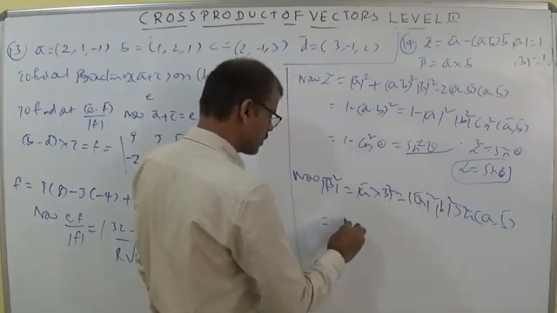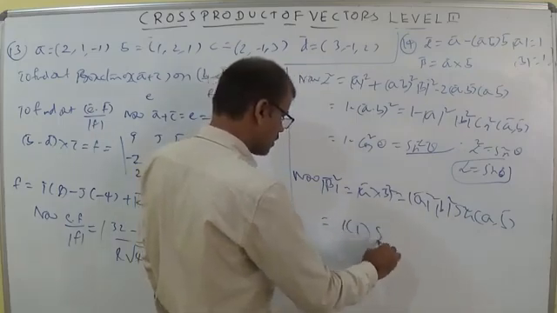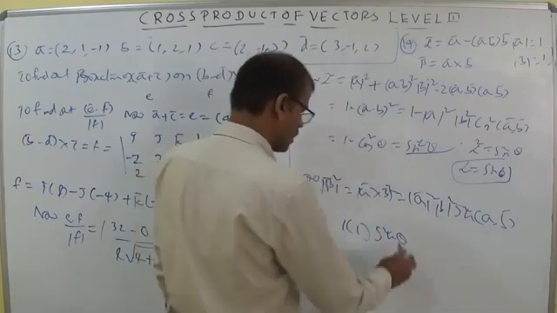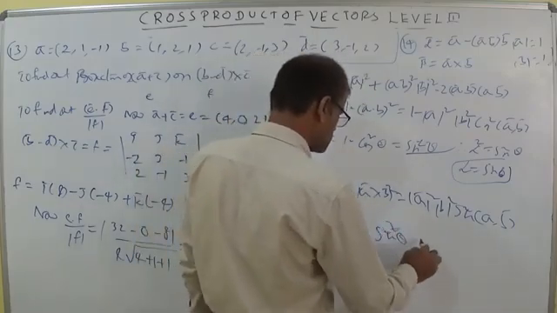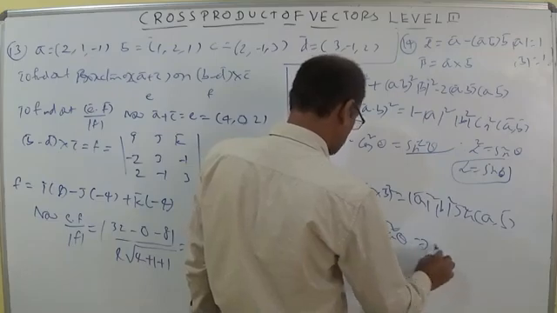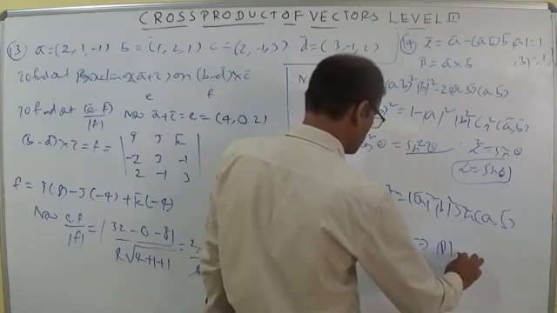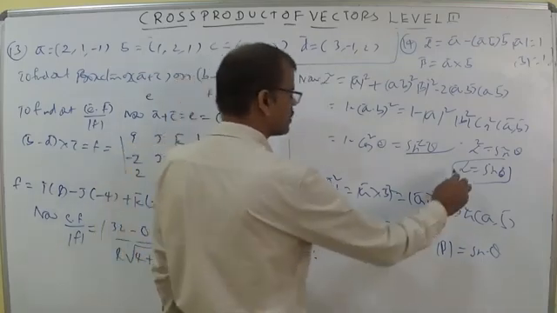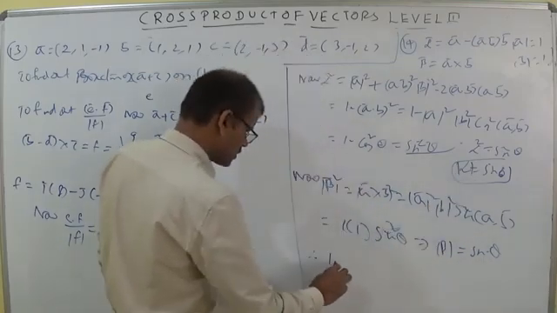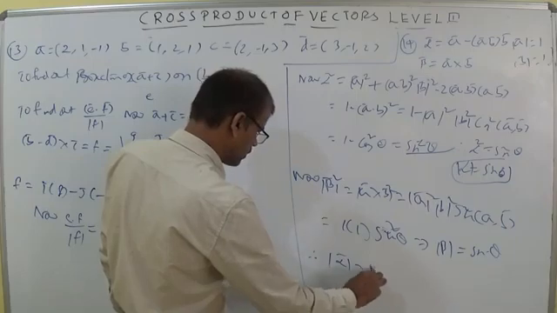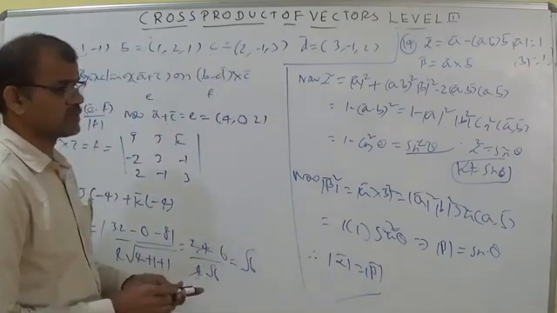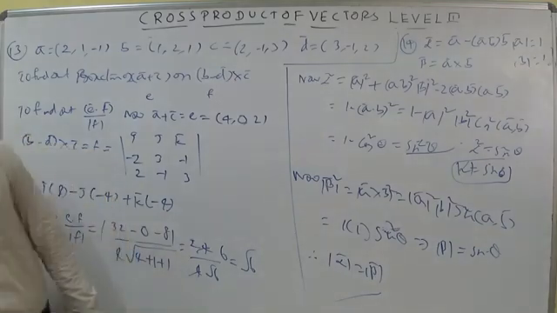Whenever A is a unit vector and B is a unit vector, let us take the angle between A bar and B bar as theta. This is sin square theta. That implies modulus of beta is sin theta. Therefore, you can write modulus of alpha bar is equal to modulus of beta bar. The value of the two vectors is the same.